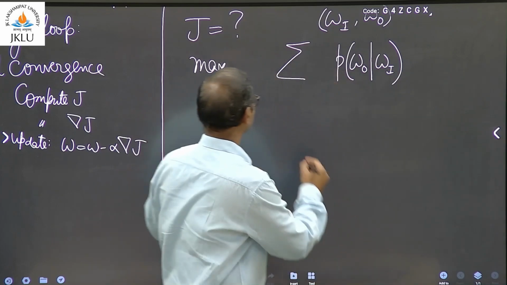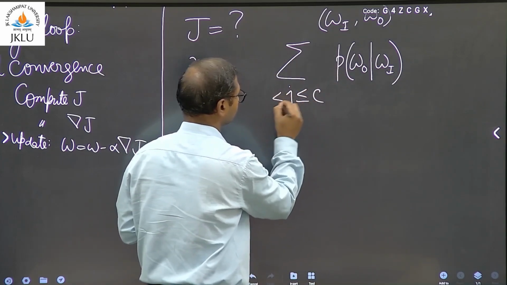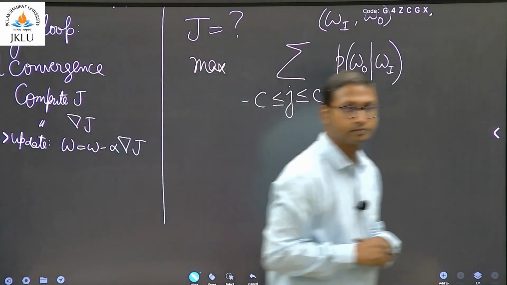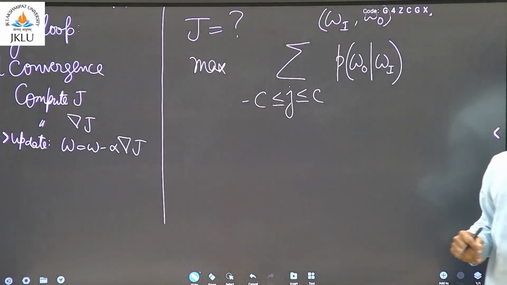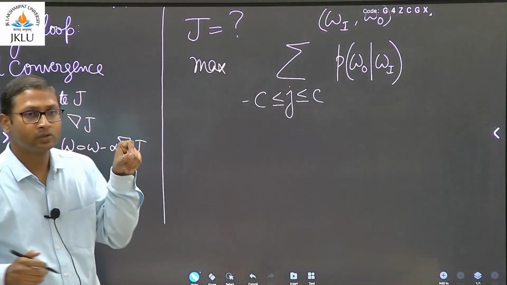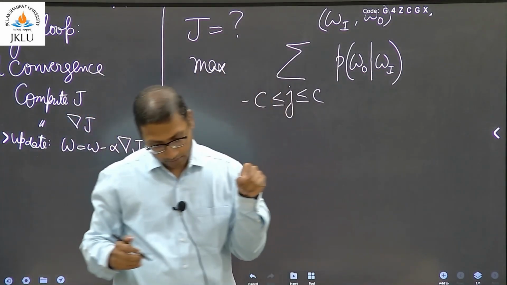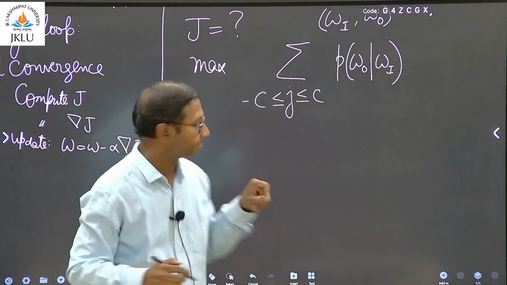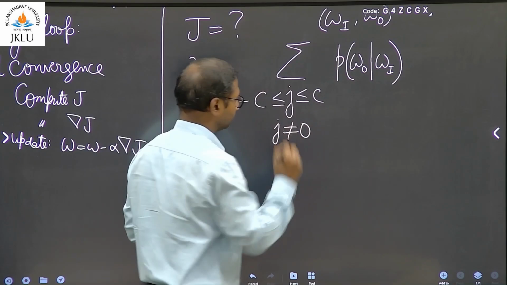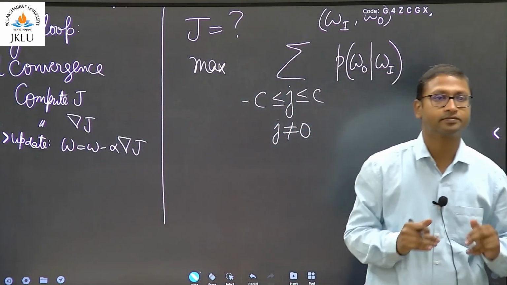Okay. Is this fine? J is myself, right? And I need to exclude this, and J is not equal to 0. So J is my current index.